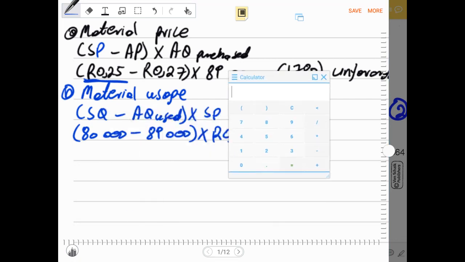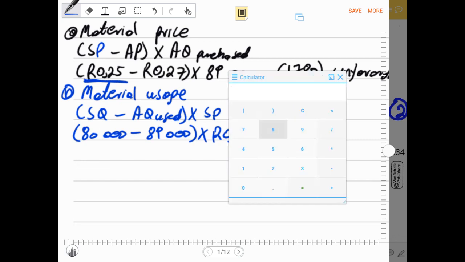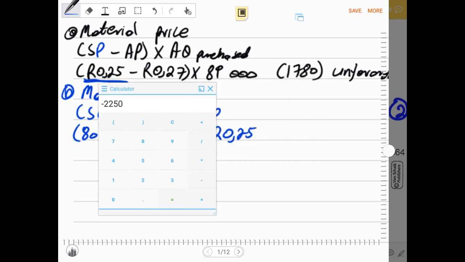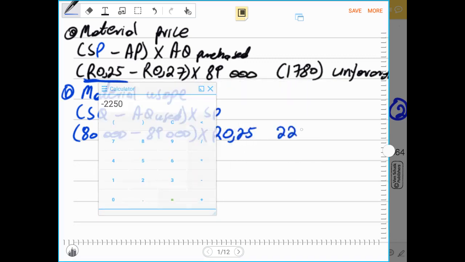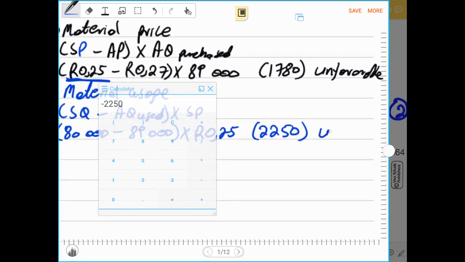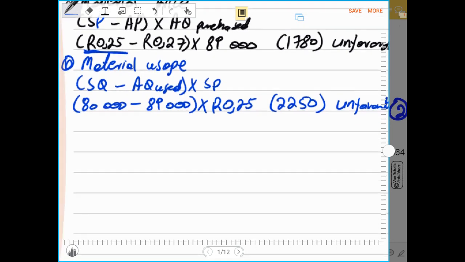Therefore, we say 80,000 minus 89,000, then we times that by 0.25, and this will give us 2,250. And 2,250 is negative. That means this variance is unfavorable. So that will also be another unfavorable variance.